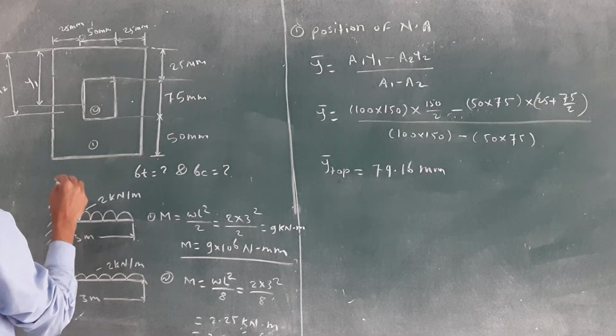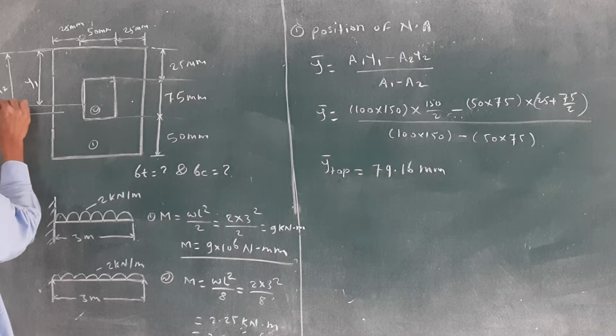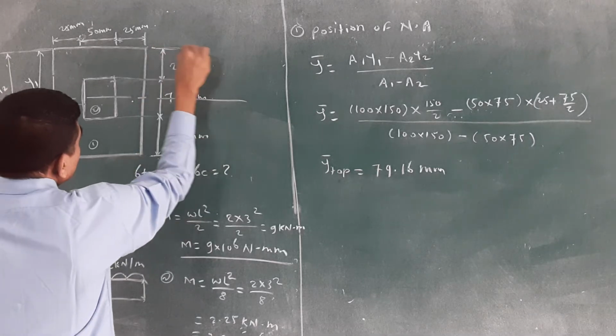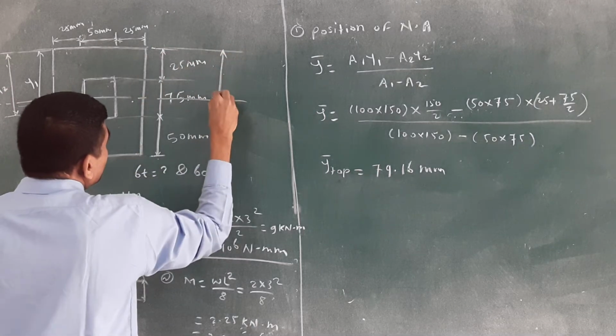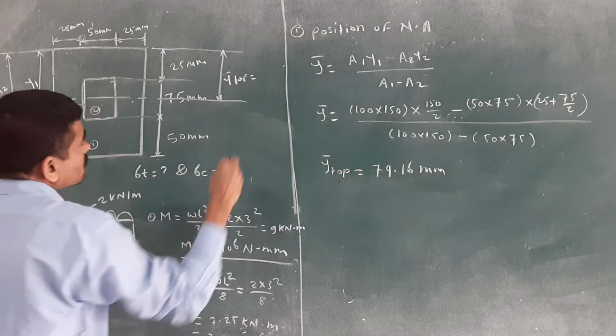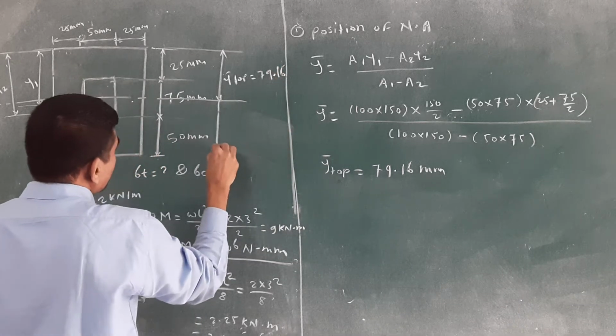Where is this 79? Suppose here is the neutral axis. You have to show these two values in the figure. This is the y bar top, 79.16.